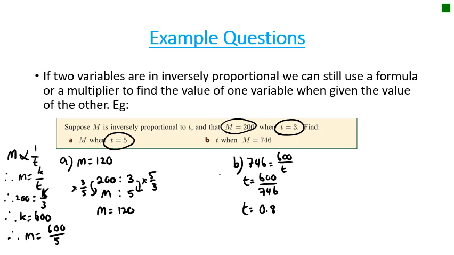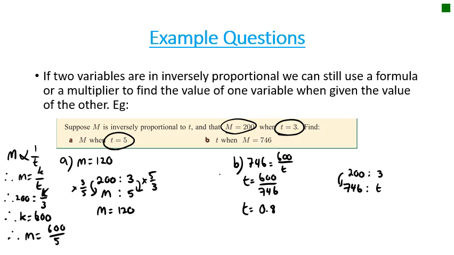Again, if you wanted to do it with the multiplier, you'd have 746 is to t as 200 is to 3. Or if you want to write it the other way around, this might be easier, 200 to 3 as 746 to t.